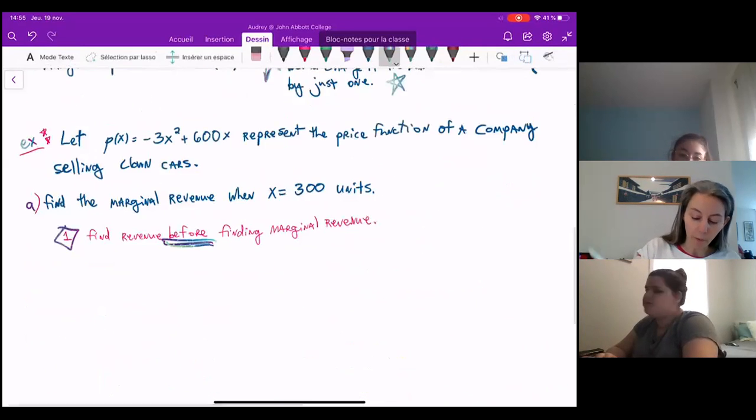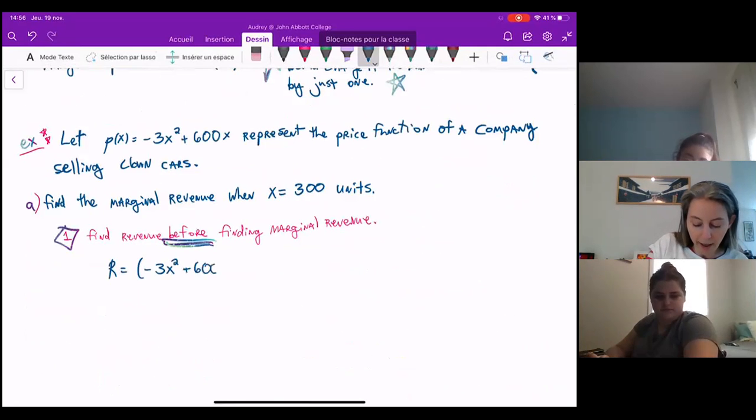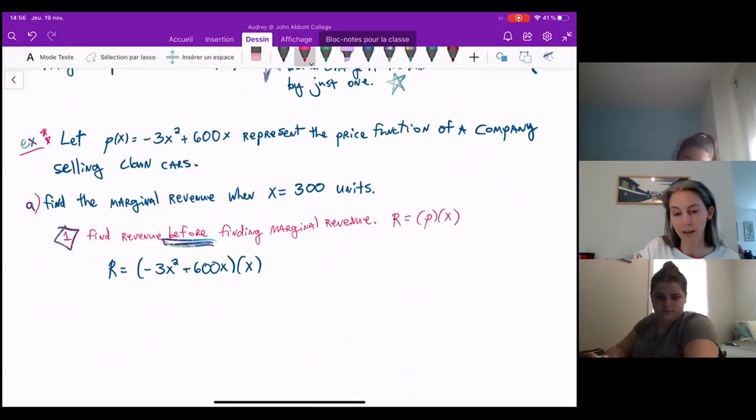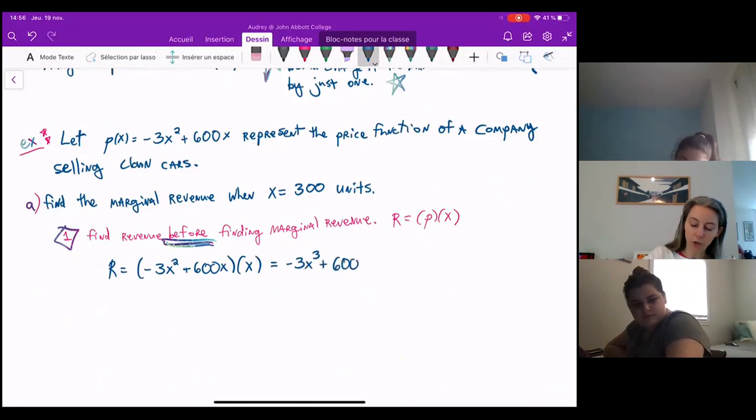So my revenue function is going to be negative 3x squared plus 600x, times x, where we're just using our formula, R equals P times x. So then this is negative 3x cubed plus 600x squared.